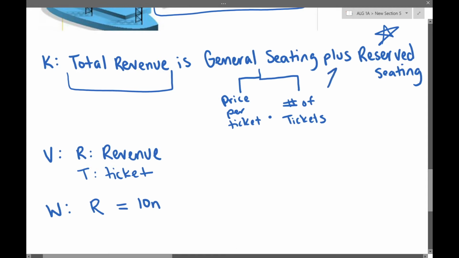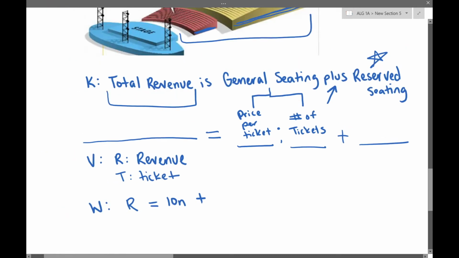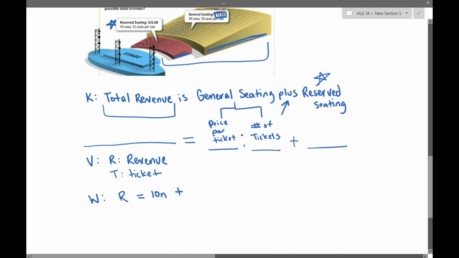then this word plus is right here. Notice that I'm just following along. So total revenue equals price, which is 10, times n plus my reserved. So how much is a reserved seat? A reserved seat is $25.